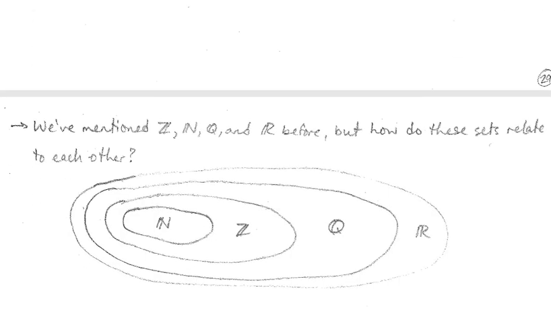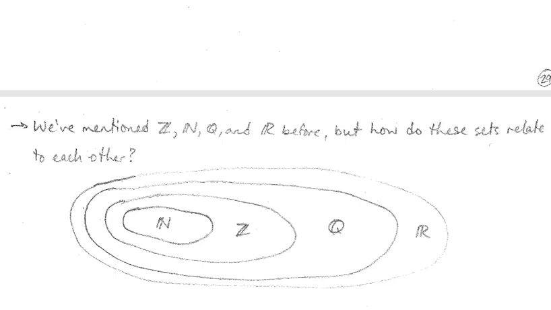We've mentioned some special domains earlier on in the course: the set of all natural numbers, the set of all integers, the set of all rationals, and the set of all reals. But how do these sets relate to each other? Well, these guys are actually subsets of each other.